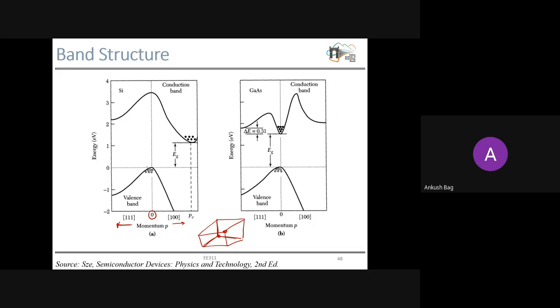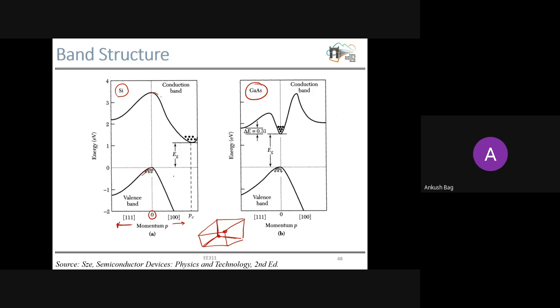This is for silicon material, and this is for gallium arsenide material. In both cases, this is the band structure for holes, and this is the band structure for electrons. So this is your conduction band and this is the valence band.